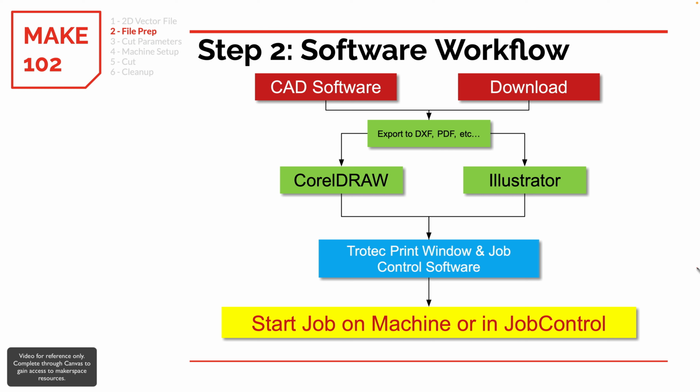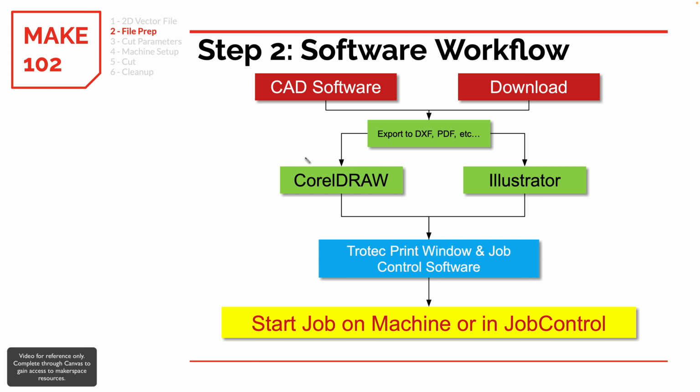Okay, so now that we know how colors are represented and we know what we need to do, we need to make our cut lines as thin as possible, and we need to make them red for cutting, and anything we want engraved, we need to make black. So we create our design files in either a CAD software or we download them from the internet. Then we export them into either a DXF or a PDF file or some other vector file.